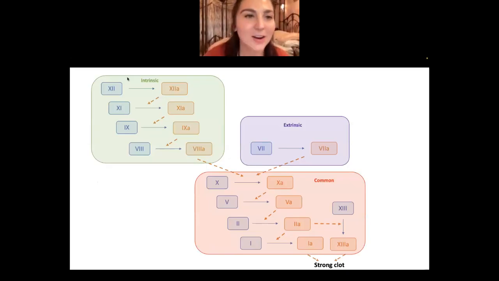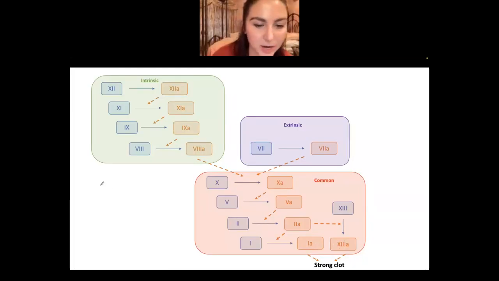Okay, so here is our clotting cascade. If you think of it in terms of the intrinsic pathway over here and the extrinsic pathway over here, they come together in the common pathway over here. And once you get that strong cross-linking of your fibrin by 13A, that's what gives you your strong clot.